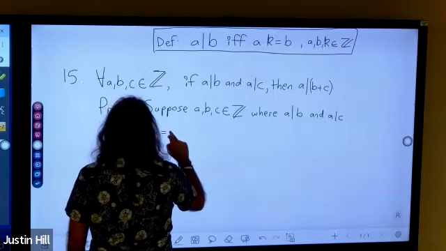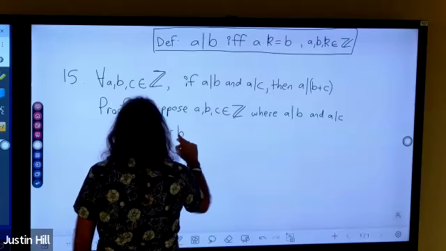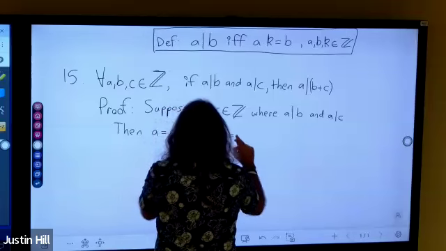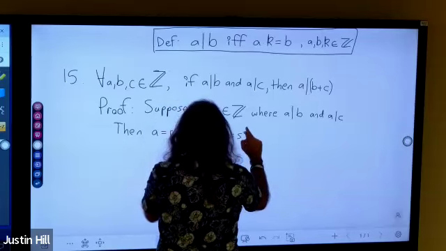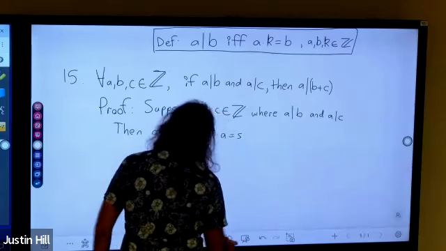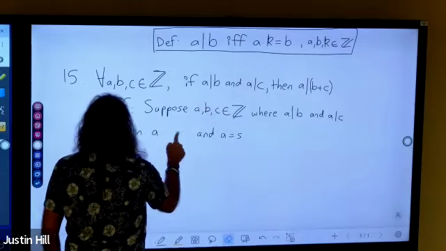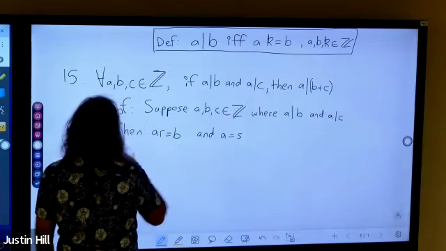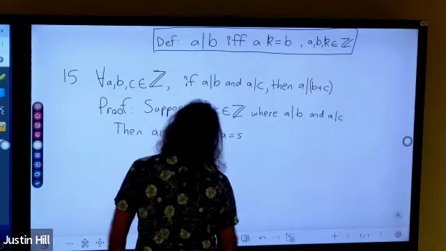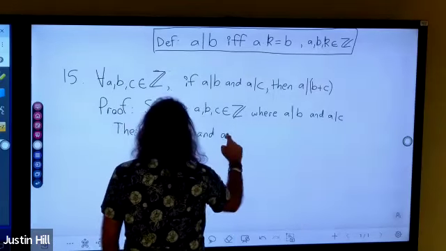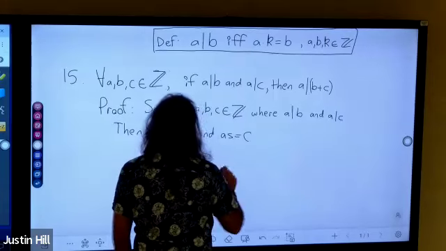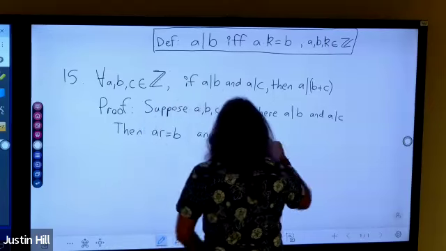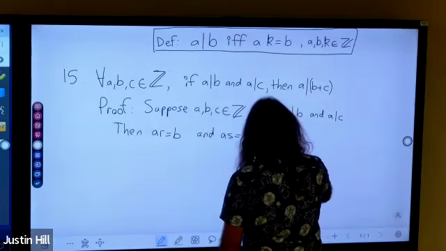I won't even use K, but let's say A times R equals B. Sorry guys, I wrote that backwards, sort of transposed it. And A times S equals C. And this is all the definition of divisibility.